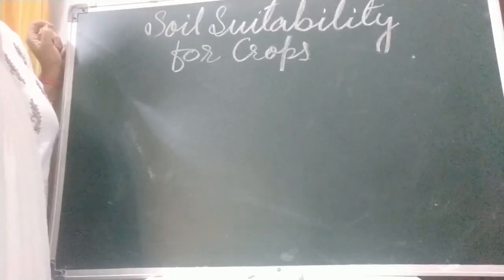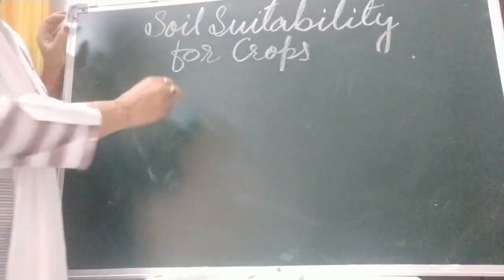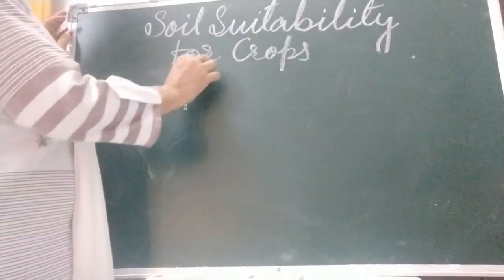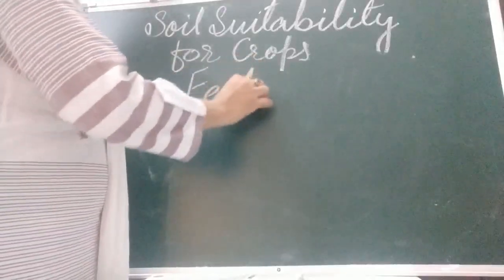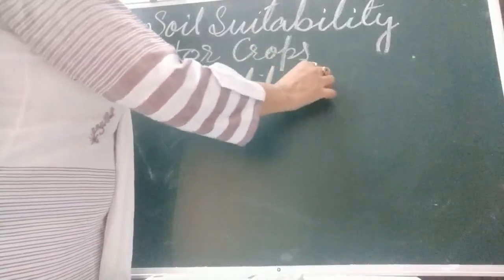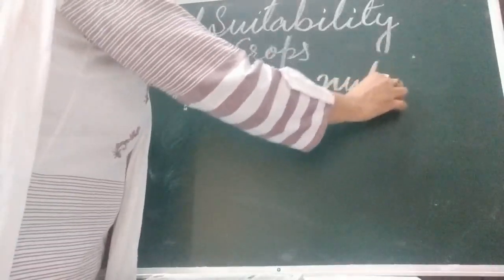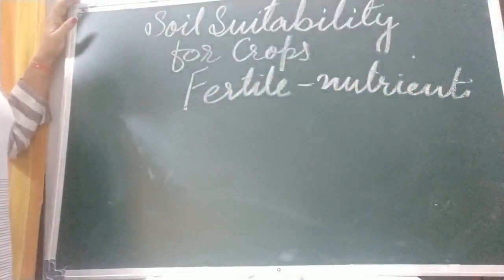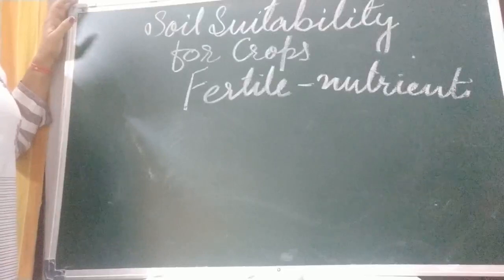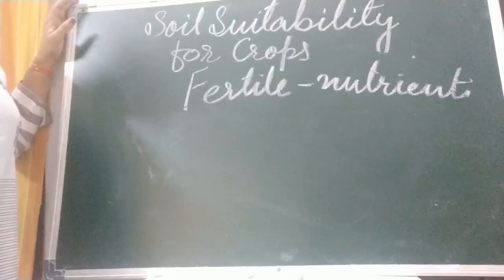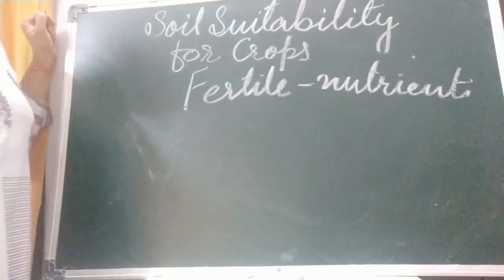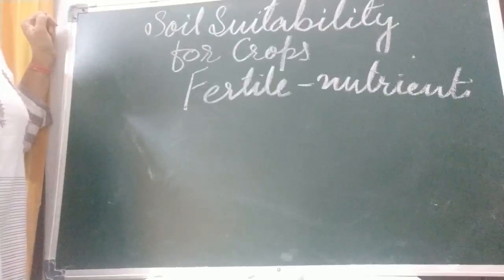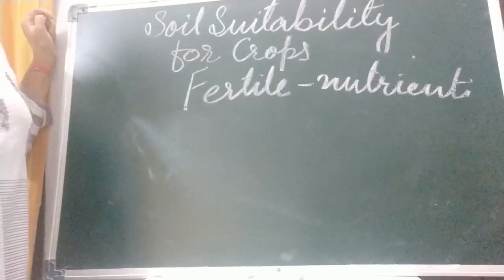A soil suitable for growing crops has to be fertile. Fertile means rich in nutrients. Plants take the nutrients from the soil. Soil fertility refers to the capacity of the soil to provide nutrients in adequate amounts and in proper balance for the growth of plants.